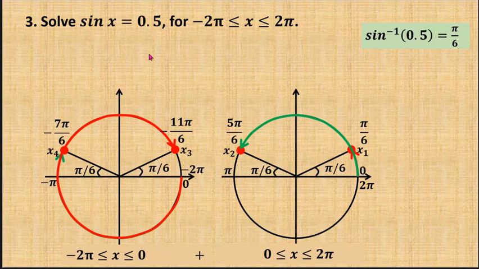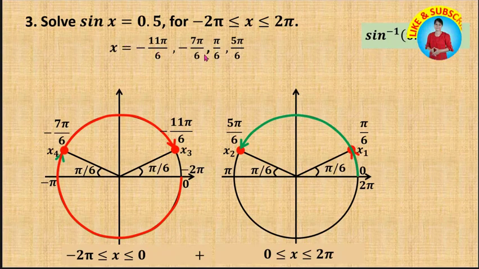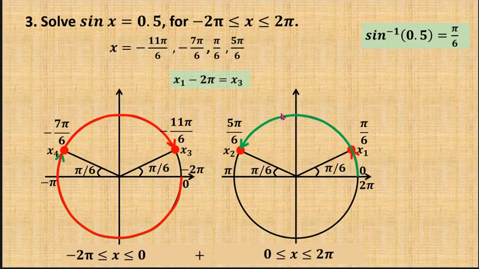Therefore, the values of x are listed down from smallest value until the largest value. And in conclusion, the value of x3 can be obtained by using x1, which is in the same quadrant, minus 2 pi. Whereas the value of x4 can be obtained by using x2, which is in the same quadrant, minus 2 pi.